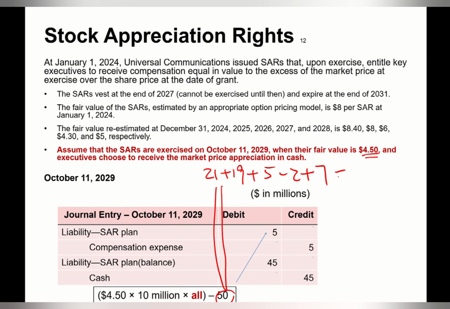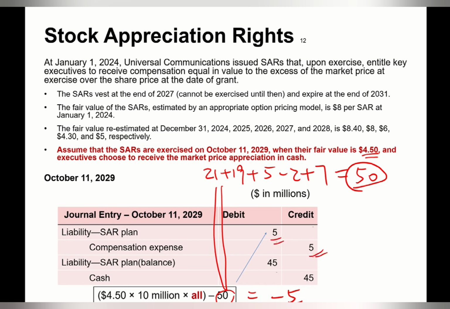So it equals 50. So this is how we get the number. So minus the recognized amount in previous years. So the liability this year will be negative 5. Therefore, the compensation expense is reduced by 5, and the liability reduced by 5.